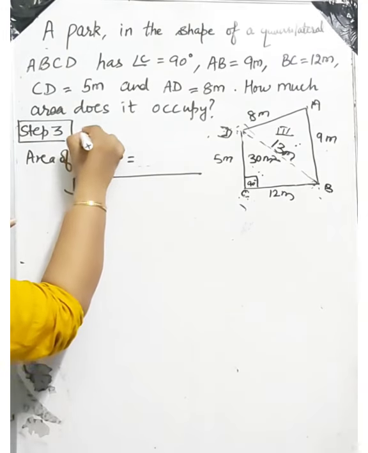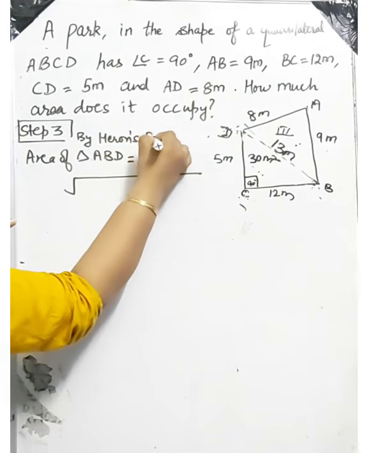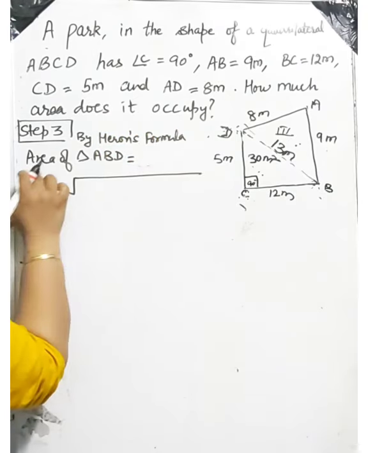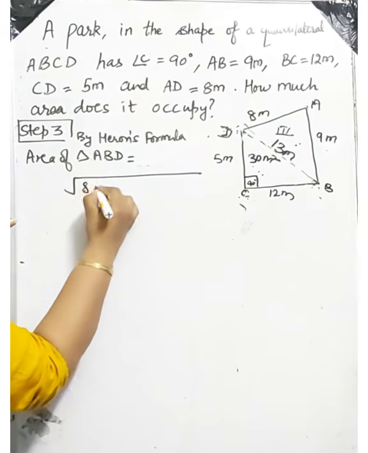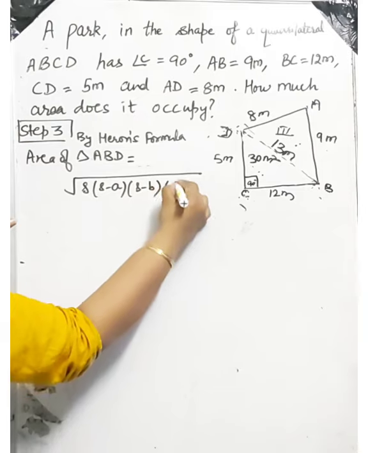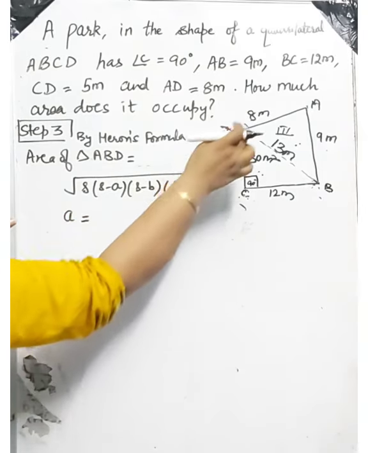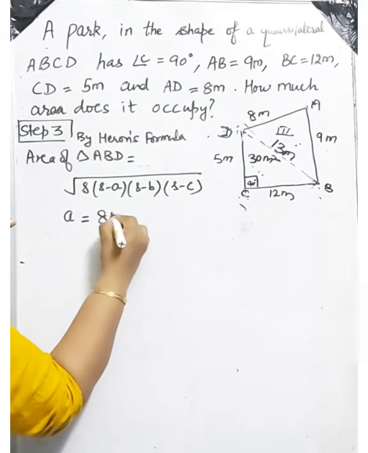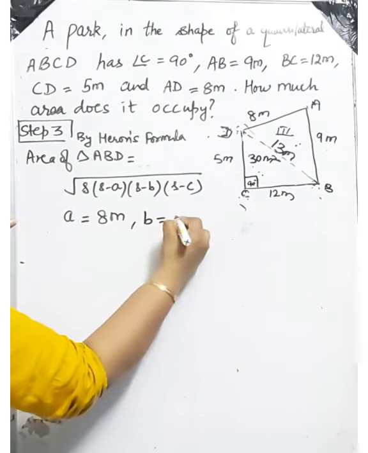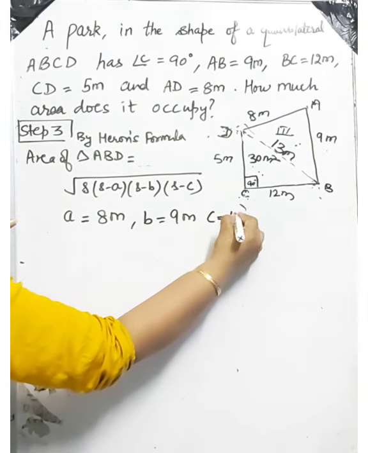Therefore, by Heron's formula, area of triangle ABD will equal to under root S into S minus A, S minus B, S minus C. Now here A will equal to 8 meter, B equal to 9 meter and C equal to 13 meter.